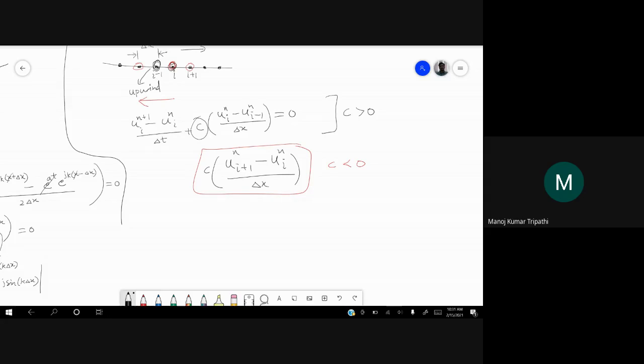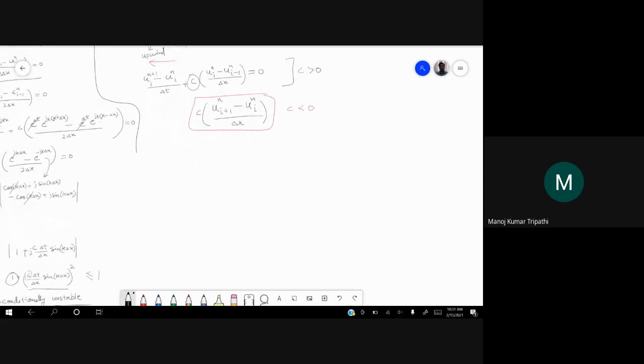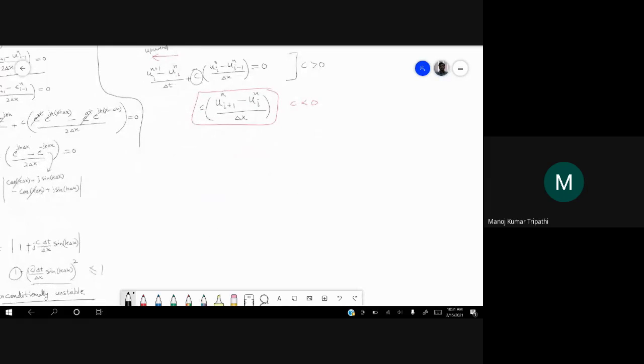So now, okay, I will not derive this here. What it gives is that C delta t by delta x is less than or equal to 1 for positive C. And if C is negative, a similar expression will come.